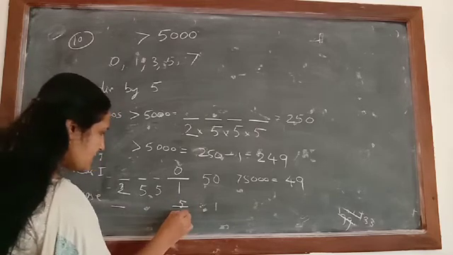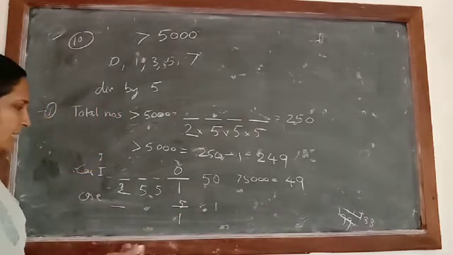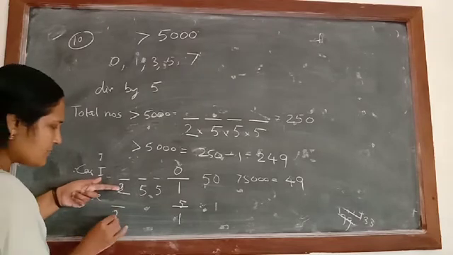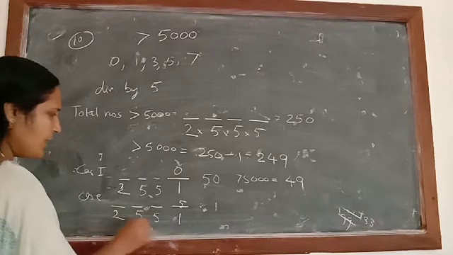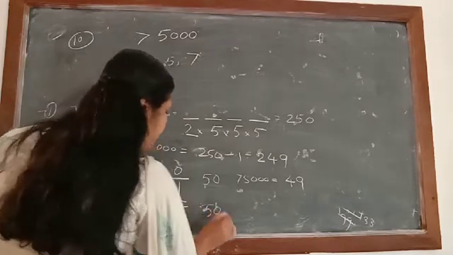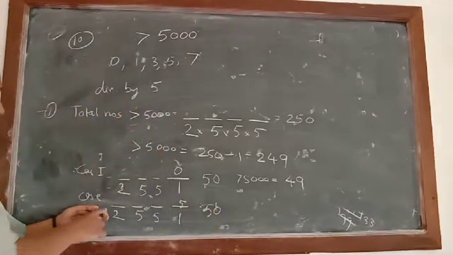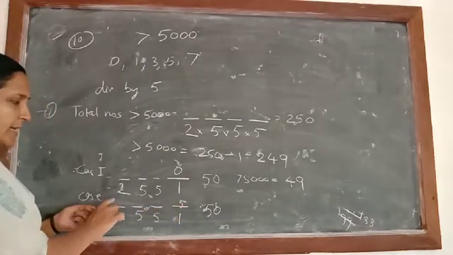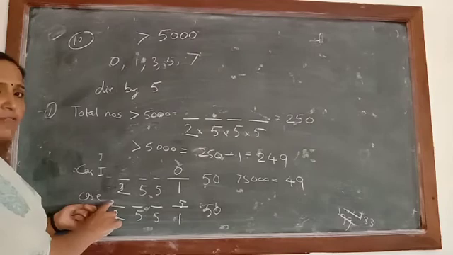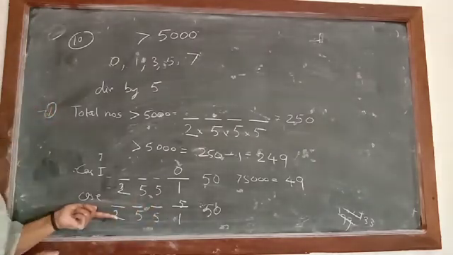So again this place can be filled in one way only. Since digits can be repeated, this place also can be filled in two ways, and here 5 and 5. So it will be equal to again 50. Now in this case 5000 will not come because already this place is 5 and here either 5 or 7 only will come. So in this case 5000 will not come.